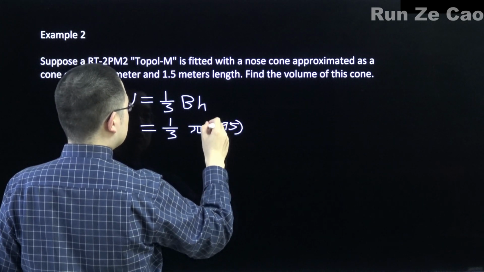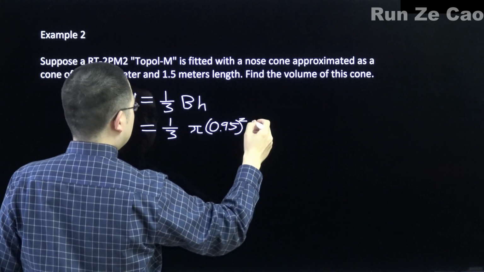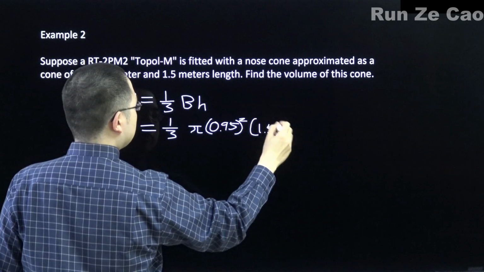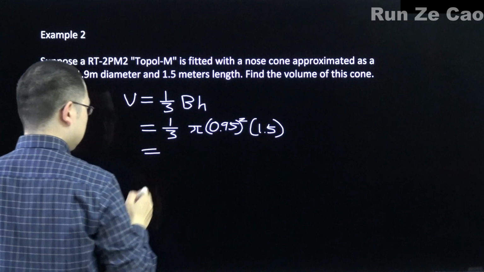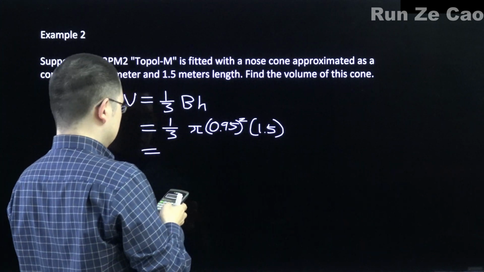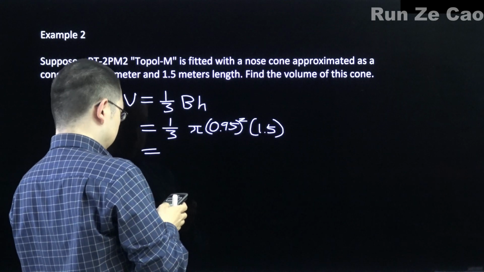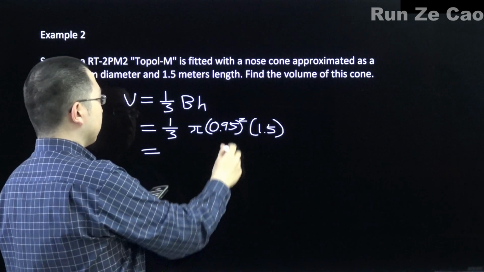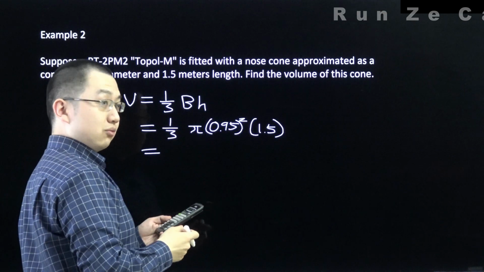0.95 squared times height, which is 1.5 meters. Looking at 0.95 squared times 1.5. Wait, no, why am I times 1.5? I can just times 0.5. Cancel this out too.